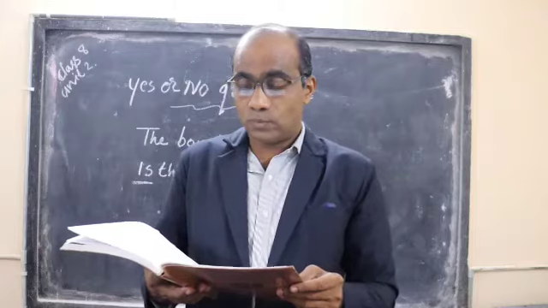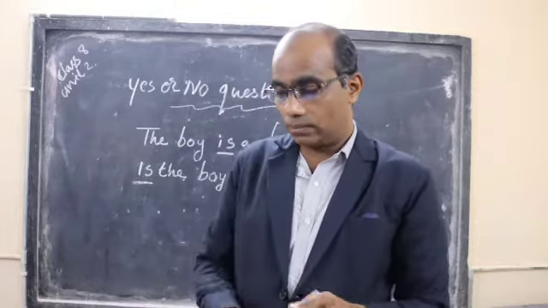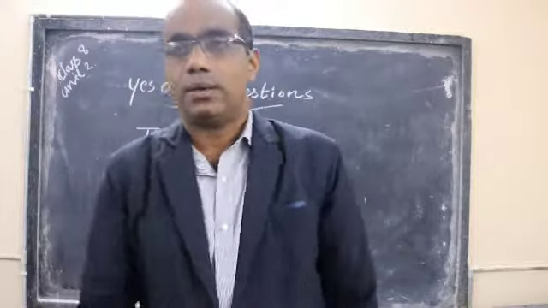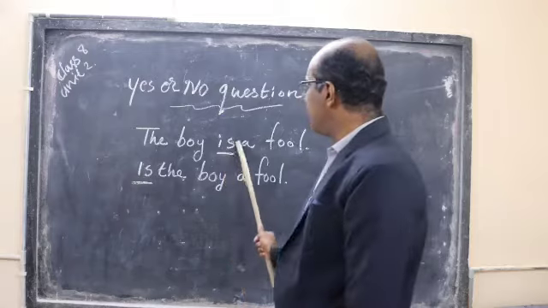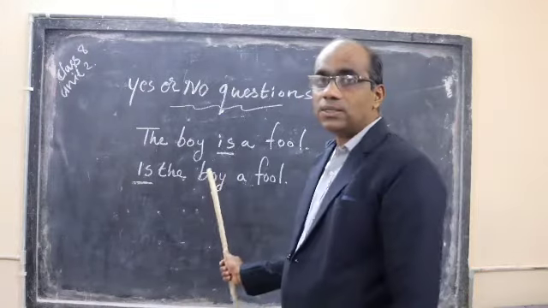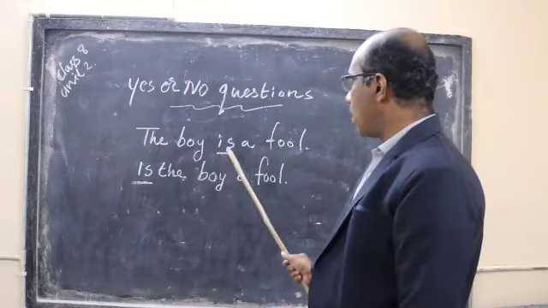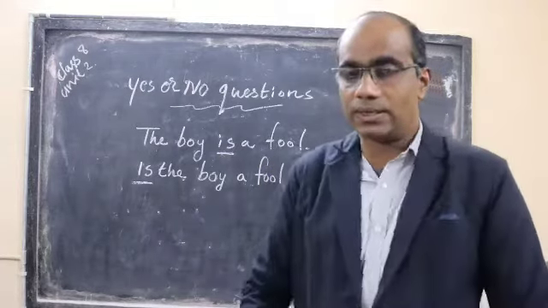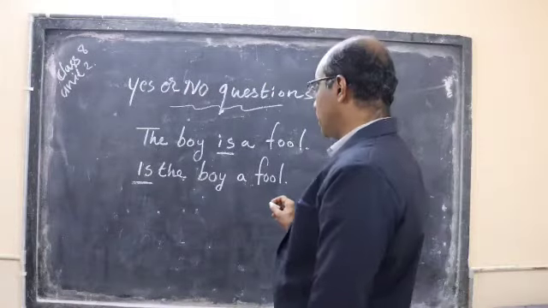By putting the auxiliary verb before the subject, the boy. Which is the auxiliary verb here in the sentence? The auxiliary verb is "is." Can you see it here? So how can we make this statement into a question?